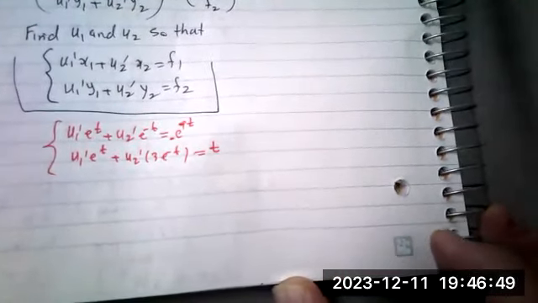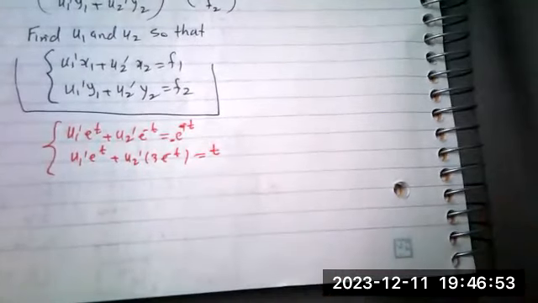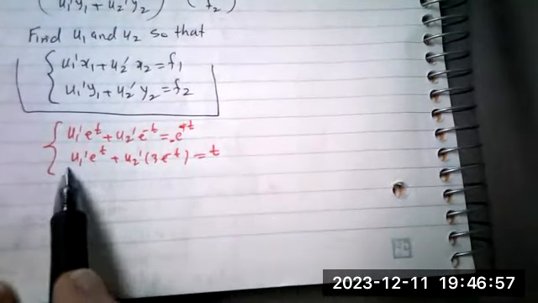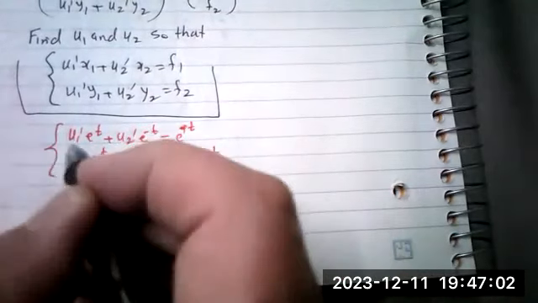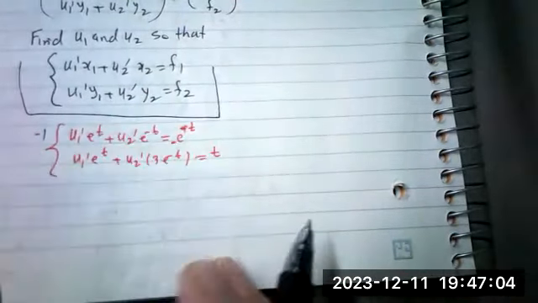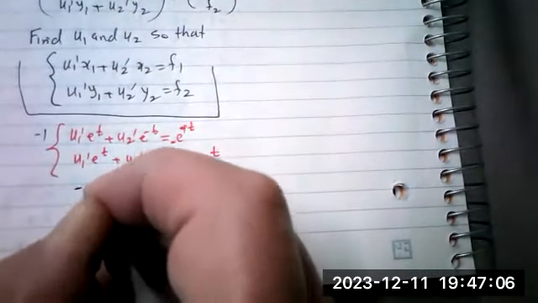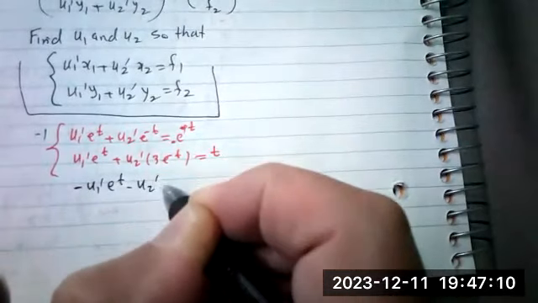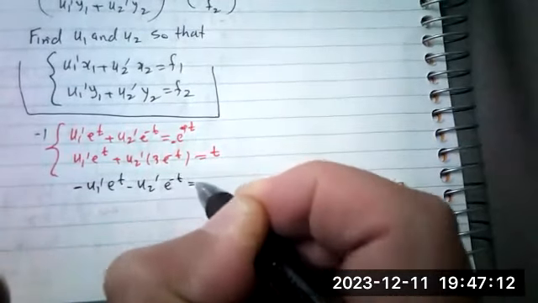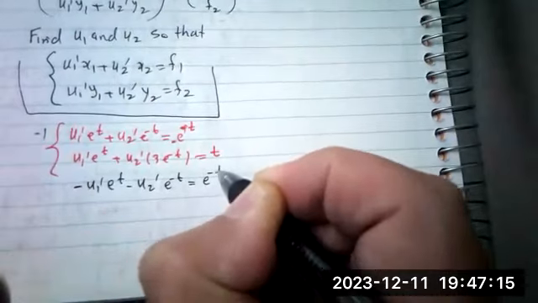Okay, there you are. Just use the addition method to solve this system right away. You get these numbers. You see, it's very easy to eliminate the u1 prime. Just multiply the first one by a negative sign. So that gives a negative, you can do it right away. And this is u2 prime e to the negative t, and this is going to be e to the negative t.